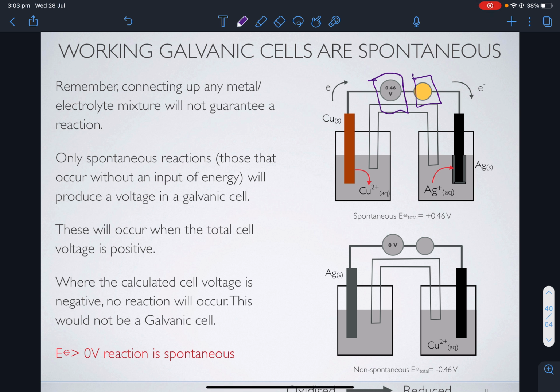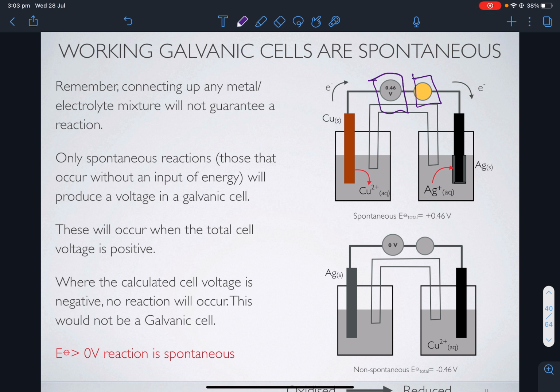So only spontaneous reactions will transfer electrons, and so you'll see a positive value on your voltmeter, or you could have it wired around the wrong way and have a negative, but you'll see a reading on your voltmeter, and you'll see the bulb maybe light up, okay? So that will occur when the total cell voltage is positive.